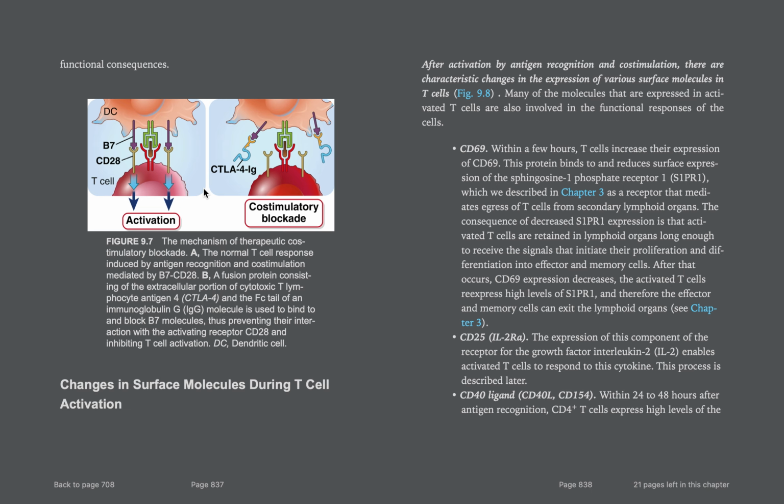After that occurs, CD69 expression decreases. The activated T cells re-express high levels of S1PR1, and therefore the effector and memory cells can exit the lymphoid organs.